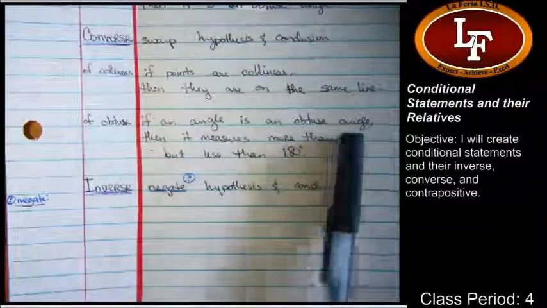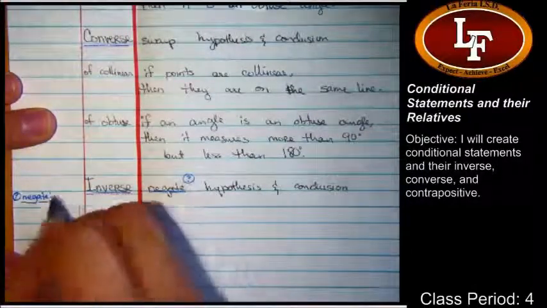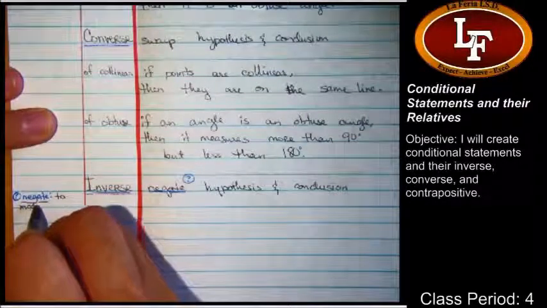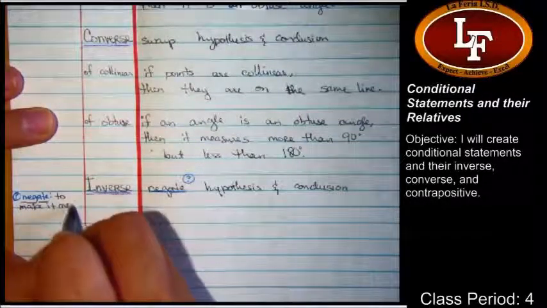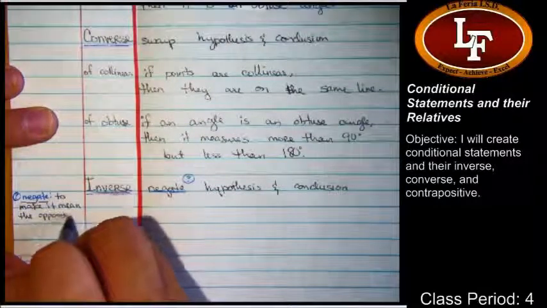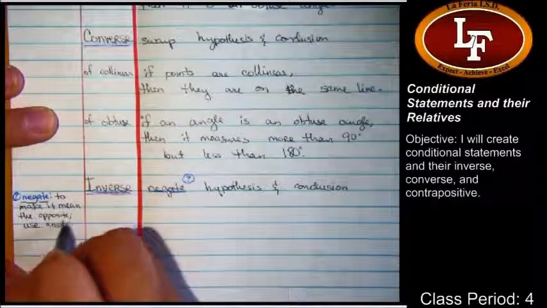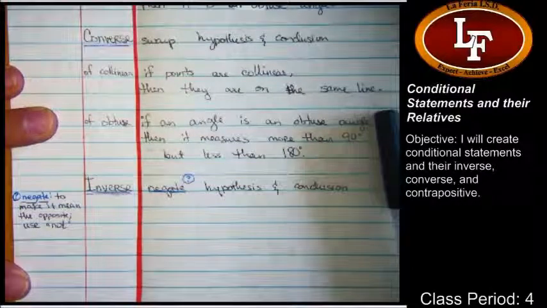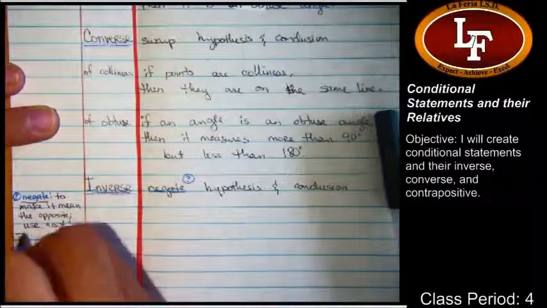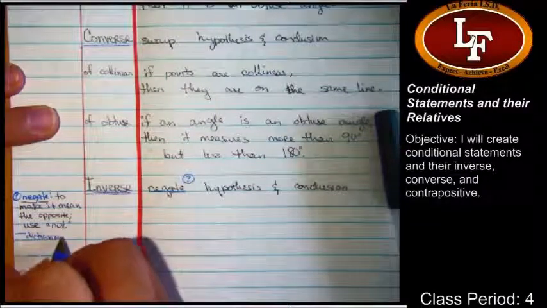All right, fantastic. So we'll have it say to make it mean the opposite. Use not. And I'm gonna make that really small, and I'm gonna put in here where I got that definition from. Okay?